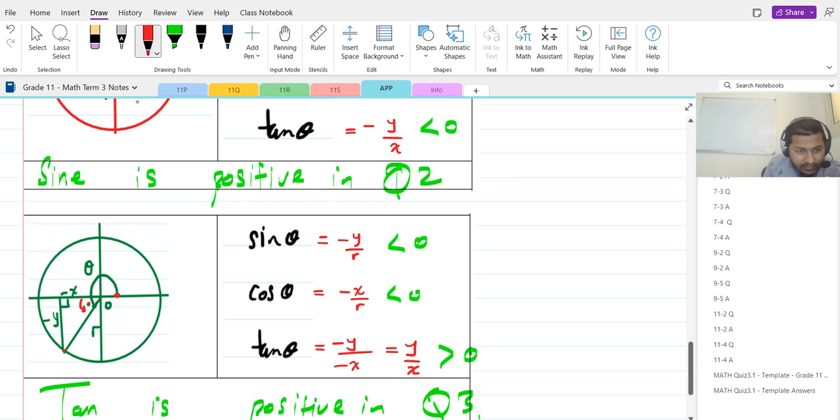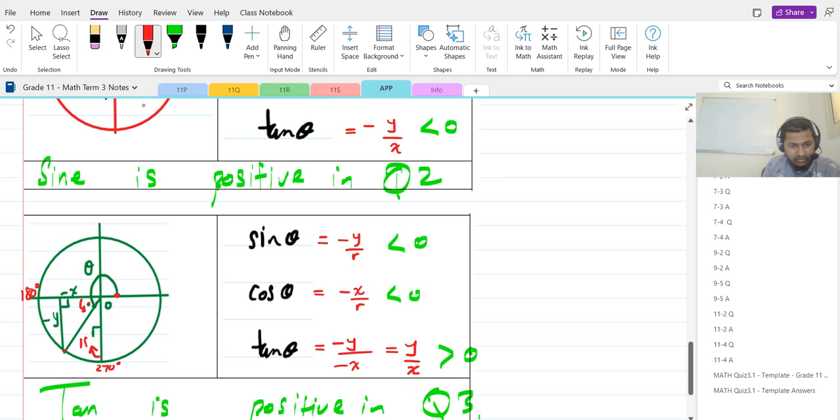Or you can say you're going 270 minus theta using the vertical line. So that's either 270 degrees minus theta or 180 degrees plus theta.